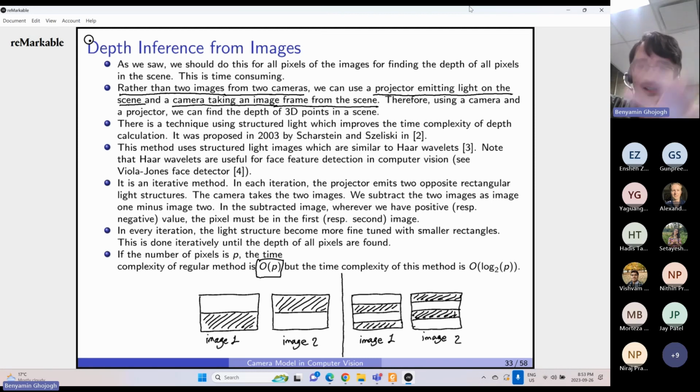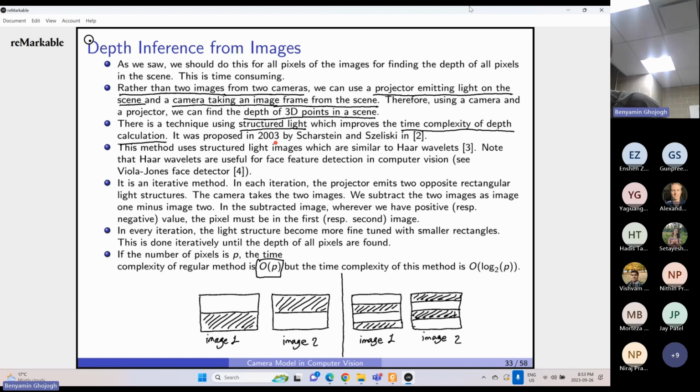It emits light, and the other one is a camera. Then using a camera and a projector, we also can find the depth of the 3D points. This technique uses structured light, which improves the time complexity of depth calculation.